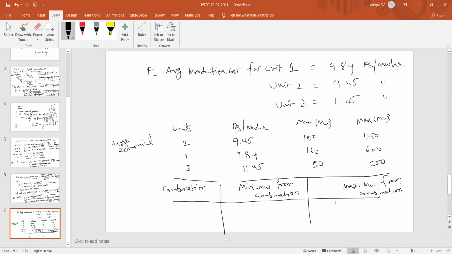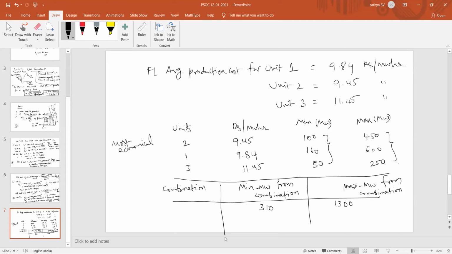Let us take your maximum load as 1300. See how this 1300 comes, add all these three: 600 plus 450 is 1050, plus 250 is 1300. So the minimum is 100 plus 160 plus 50. How much will it be? 260 plus 50, around 310. So in order to meet this minimum and maximum megawatt, how many units do we need to turn on?